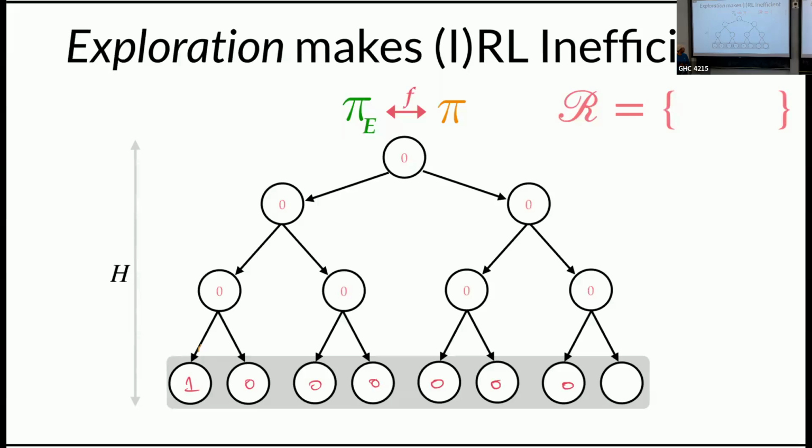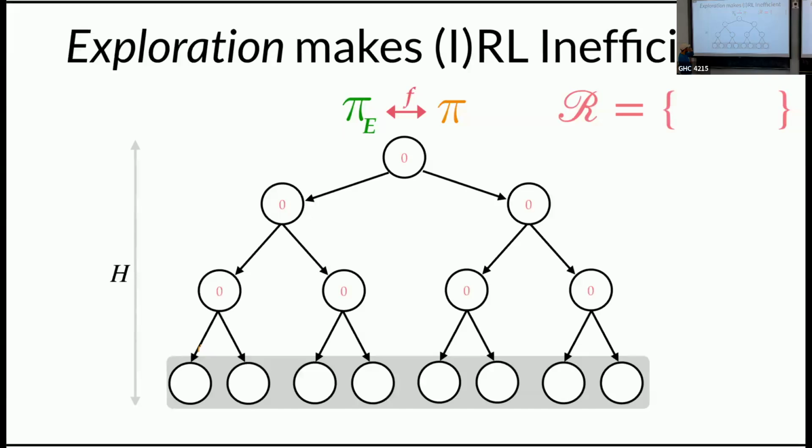We're operating in a binary tree, so we start at the top and have to make our way to the bottom. The depth of this tree is something like h. There are eight steps in this problem, so that's the horizon of the problem. And our action space is left or right at each step.